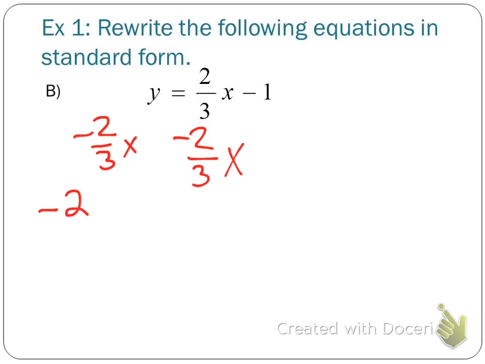So negative 2 over 3x plus y equals negative 1. All right. I can think of a couple problems. Yes? The x is a fraction and it's negative. The x is a fraction and it's negative. Can we solve both of those problems with one move? Mm-hmm. What can I do?